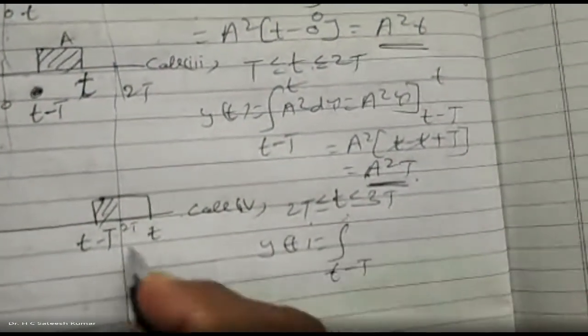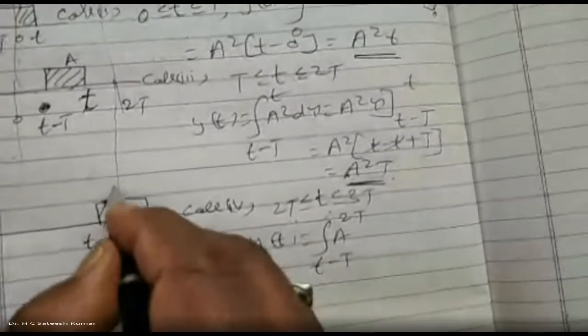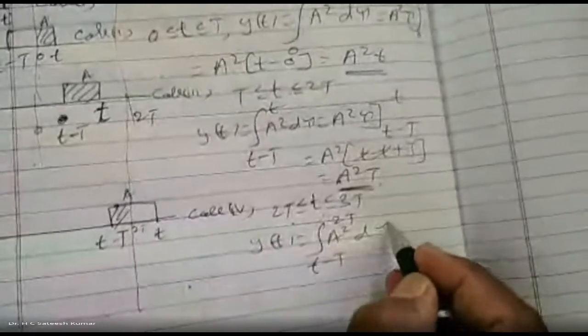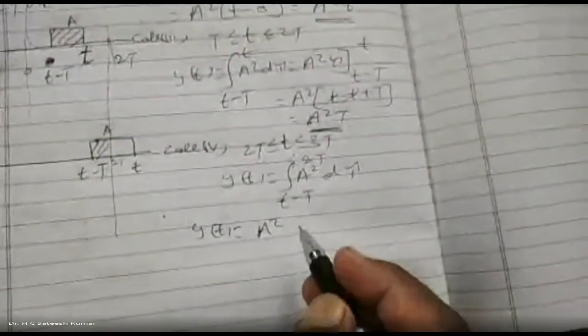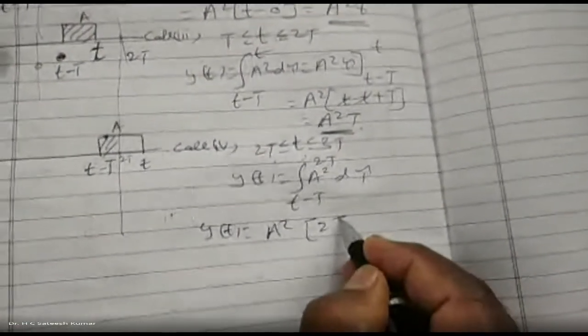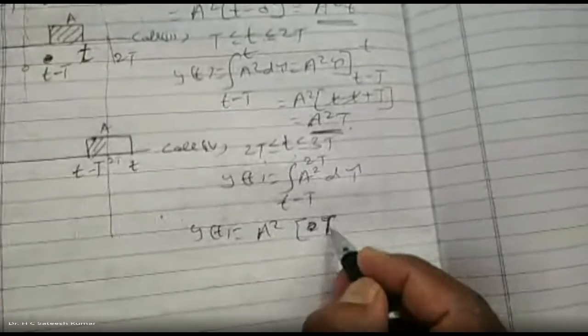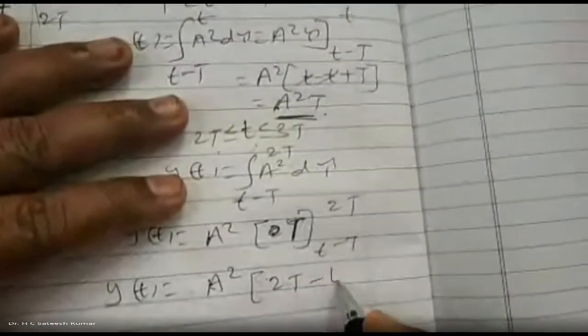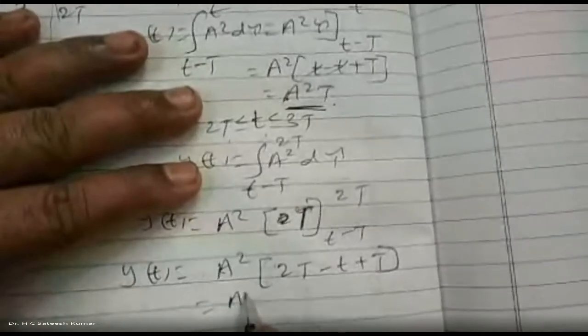t minus T to 2T, A into A is A square d tau. y of t is equal to A square into tau between the limits t minus T to 2T. y of t is equal to A square into 2T minus t plus T, which is equal to A square into 3T minus t.